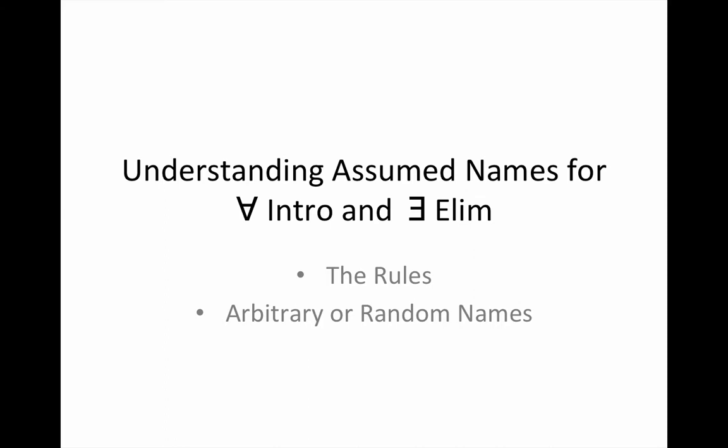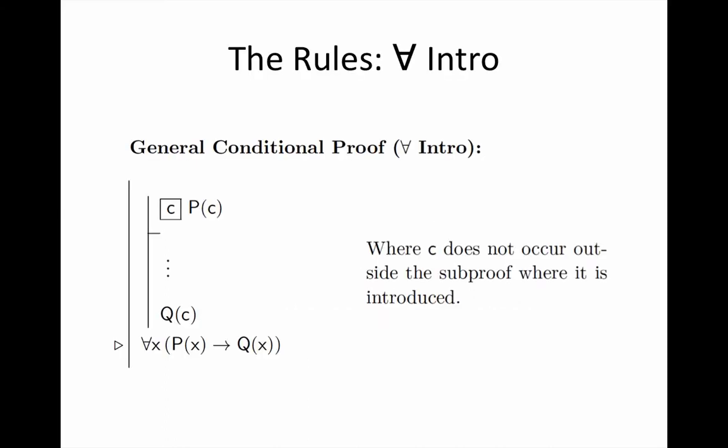So first, let's review the rules, what they look like and how you apply them. Then let's move on to a discussion of what we're doing when, in initiating a subproof, we introduce a name that has not yet been used, a name not already in use.